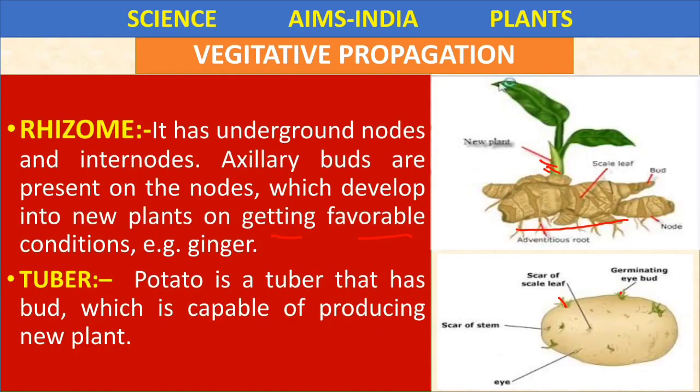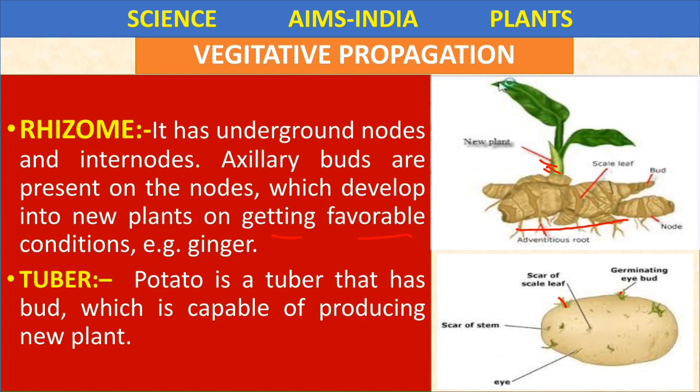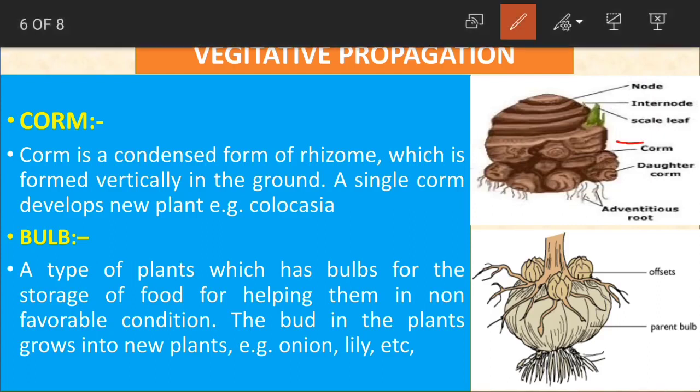Same like rhizome, corm is a condensed form, a hard substance, which is formed vertically in the ground, and a single corm develops a new plant. See here, this is the corm, and every single corm is going to develop into a new plant.